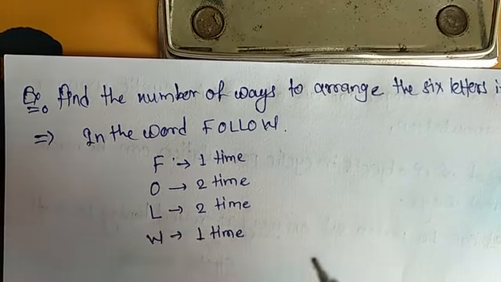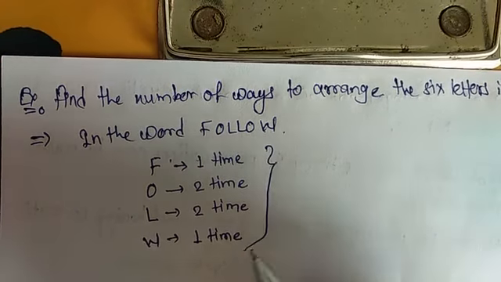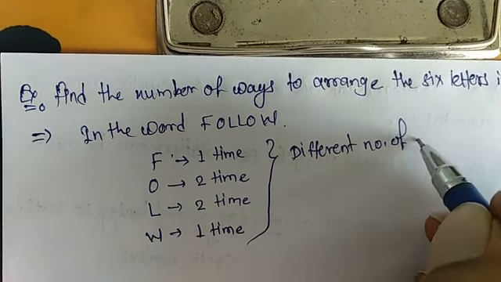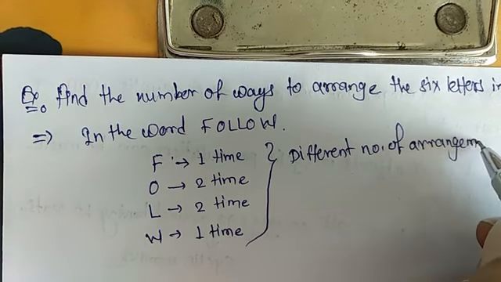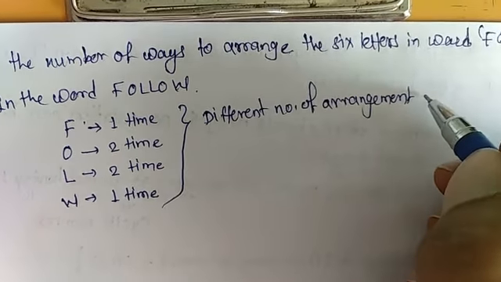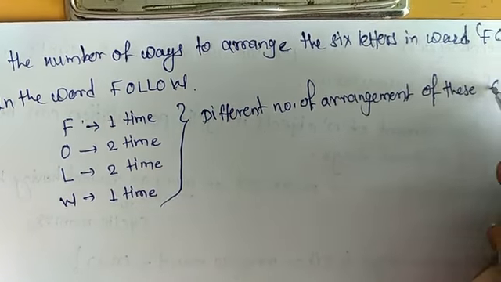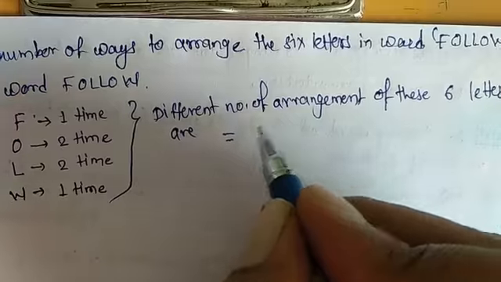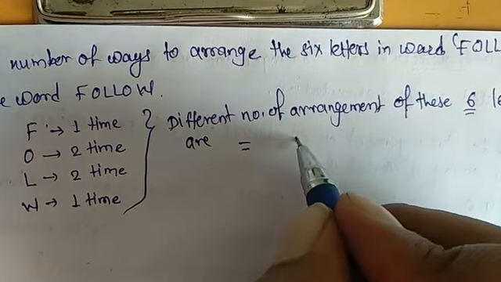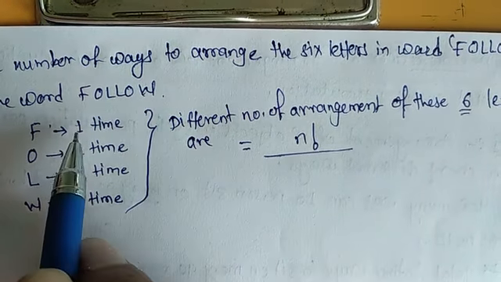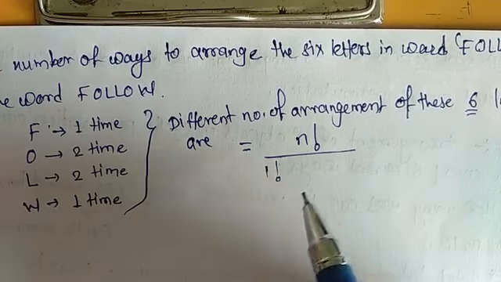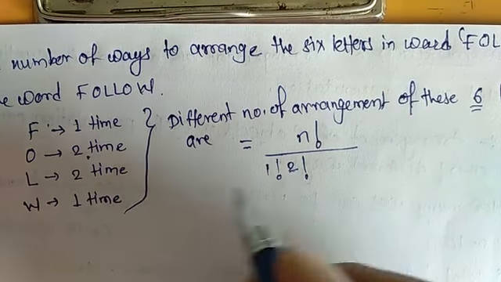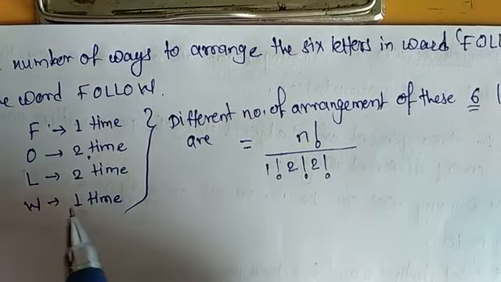That means the number of different arrangements of these 6 letters is n factorial upon, here F is repeated one time so 1 factorial, O is repeated 2 times so 2 factorial, next 2 factorial and 1 factorial.